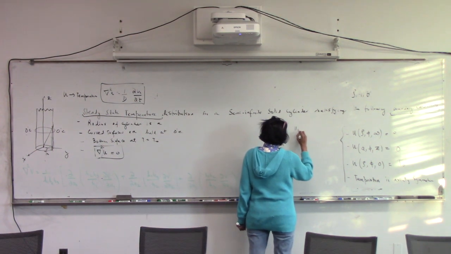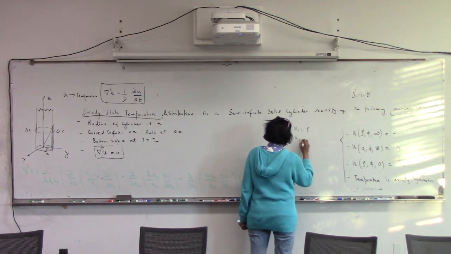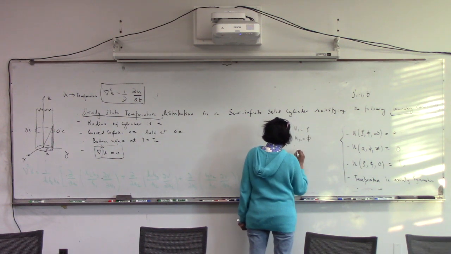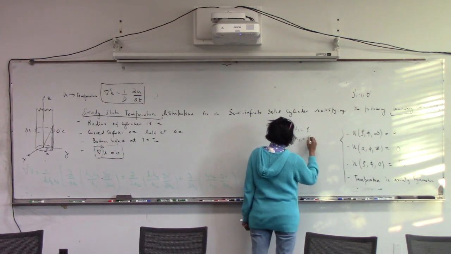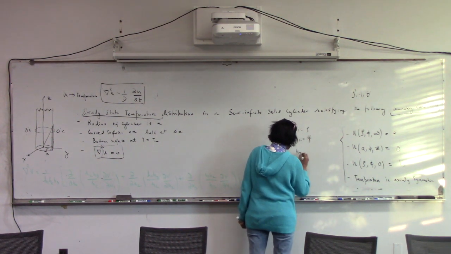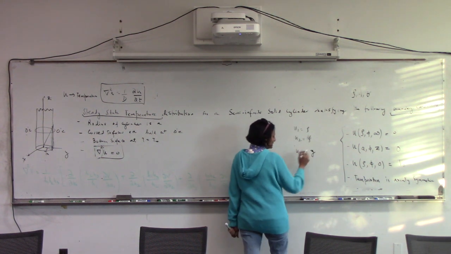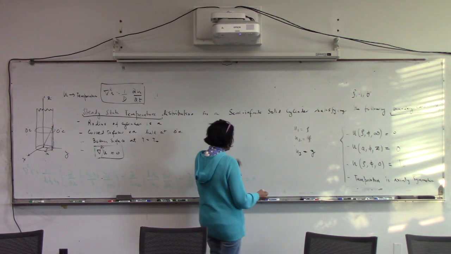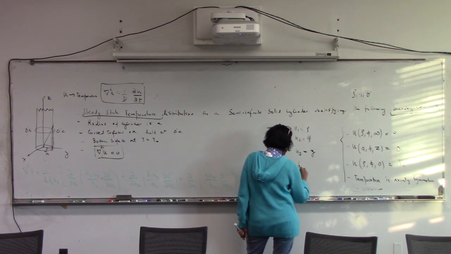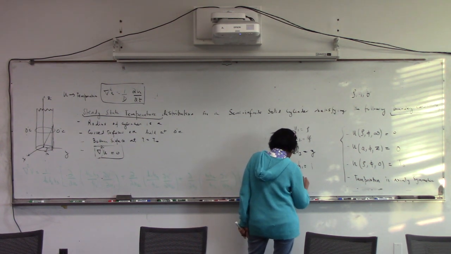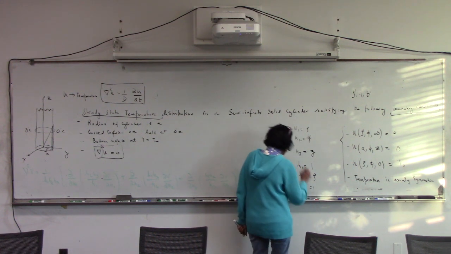U1 is rho, U2 is angle phi basically, okay. U3 is z, small z is the independent variable. H1 is 1, H2 is rho, and H3 is 1. Okay.